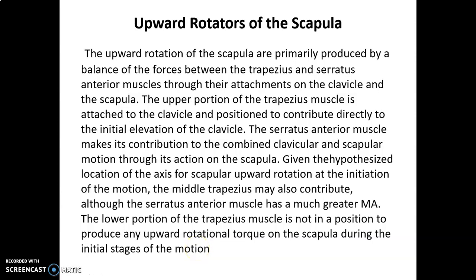During the initial stages of the motion, the upper trapezius has a major role to play. The middle trapezius has a nominal role, but does not have a larger moment arm than the serratus anterior muscle, and the lower portion of the trapezius has a minimum role to play in the initial upward rotation torque production.